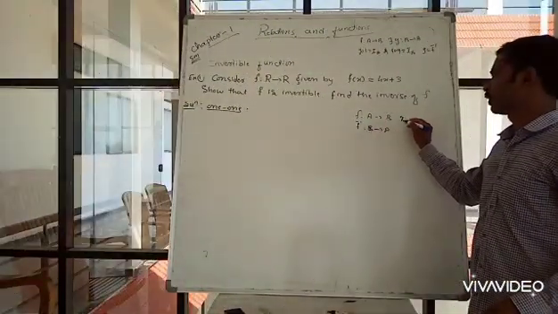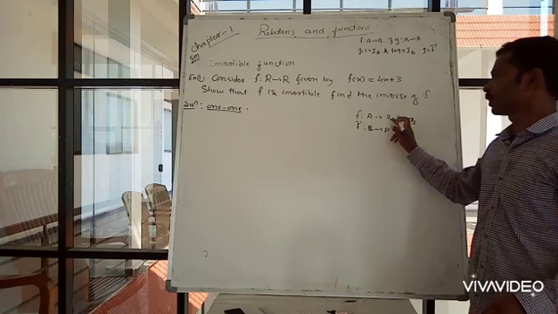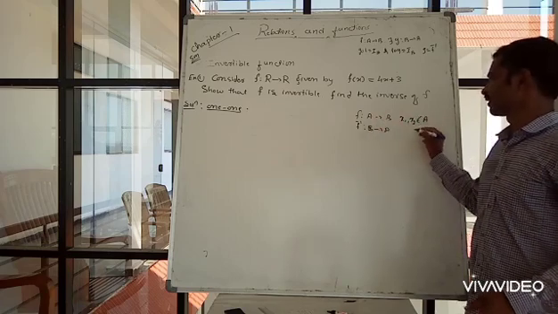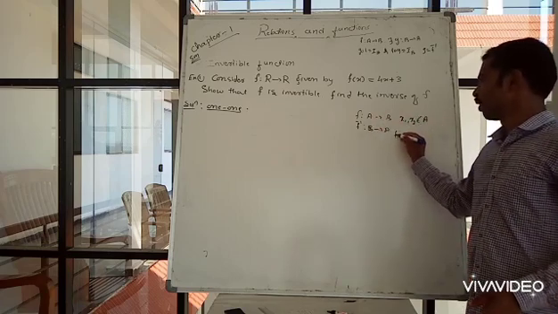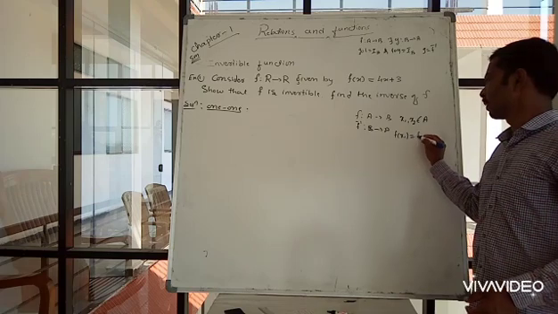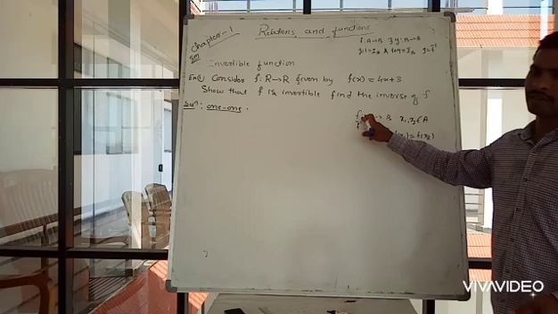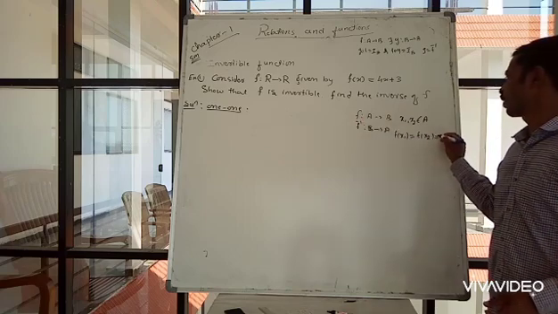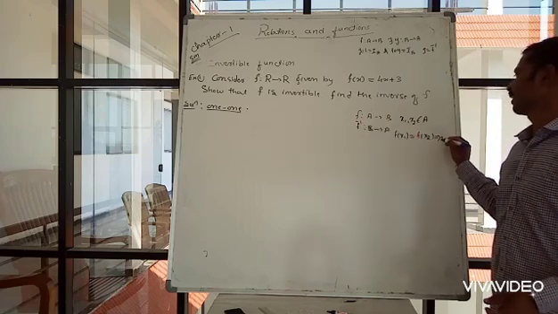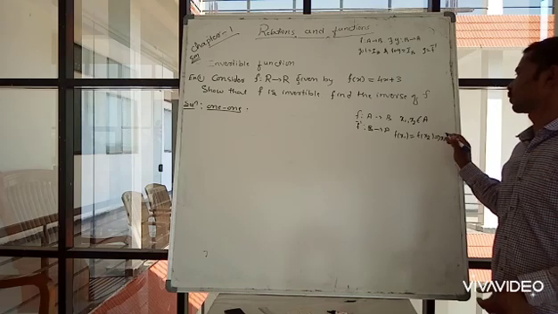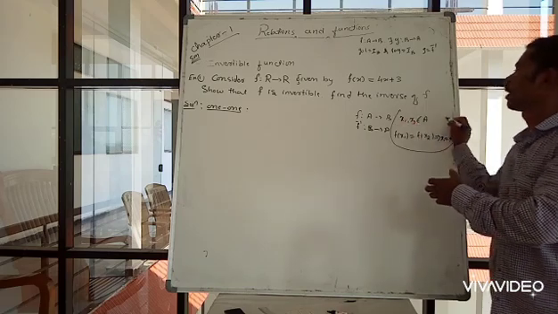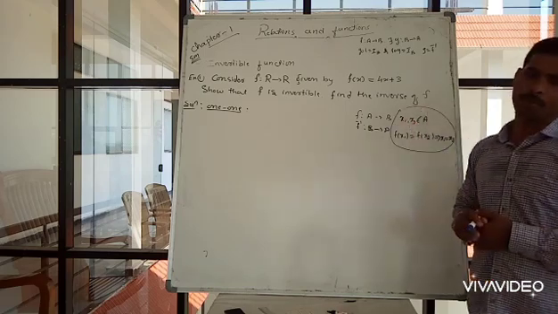Consider two arbitrary elements x1, x2 in the domain such that f of x1 equals f of x2. If the images are equal under the given function, then the corresponding elements x1 must be equal to x2. This is the definition of 1-1.